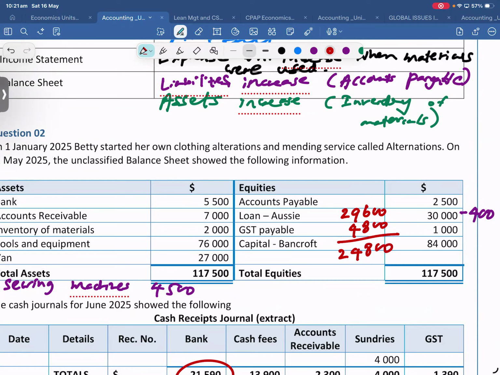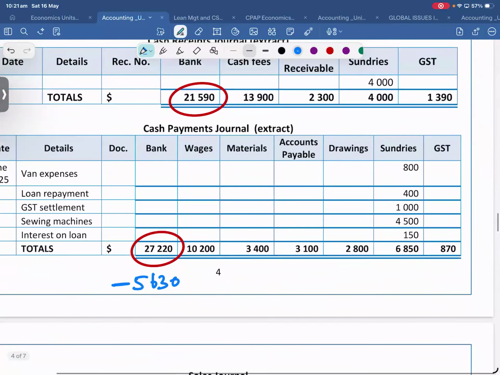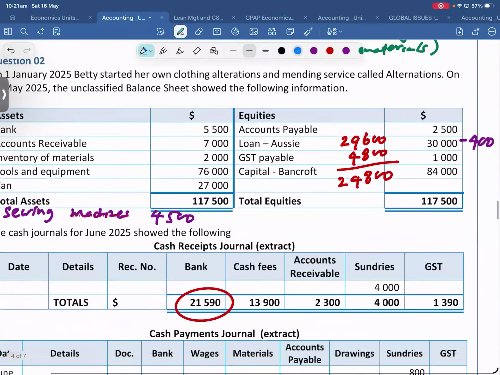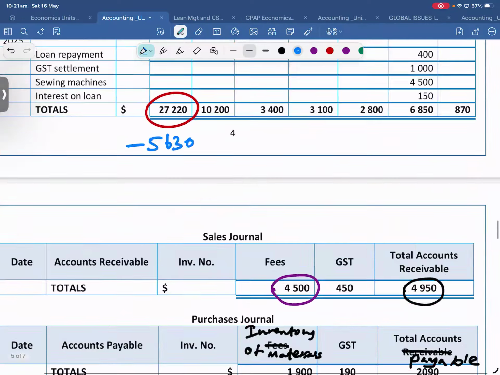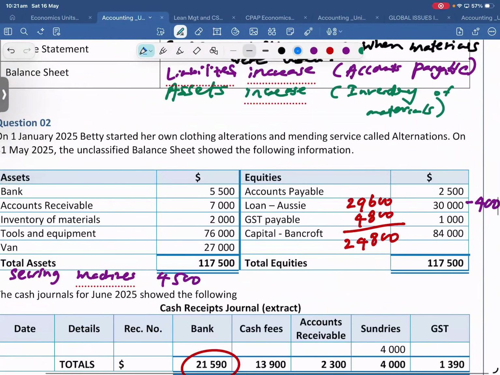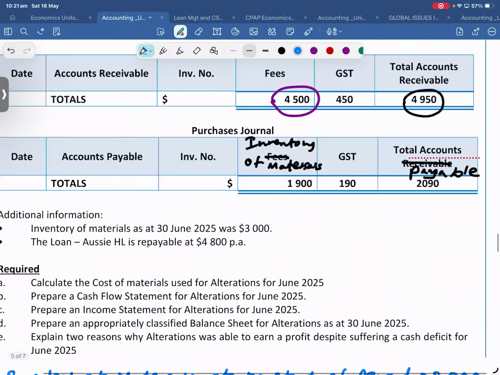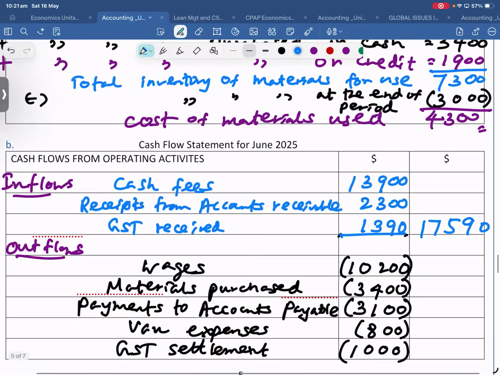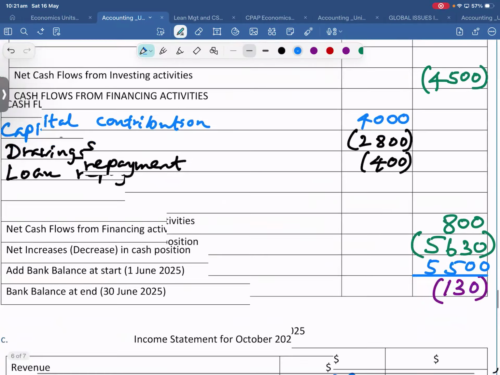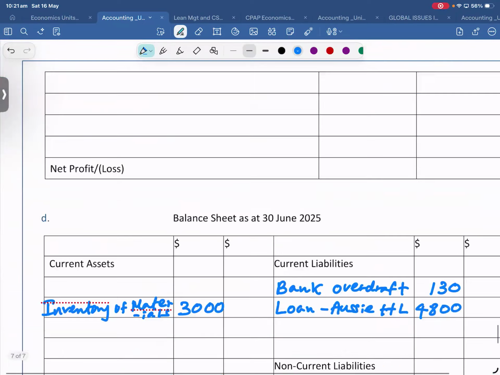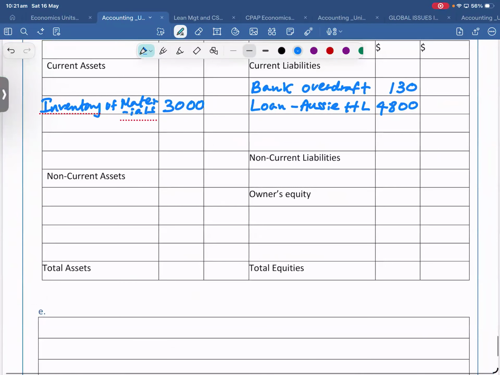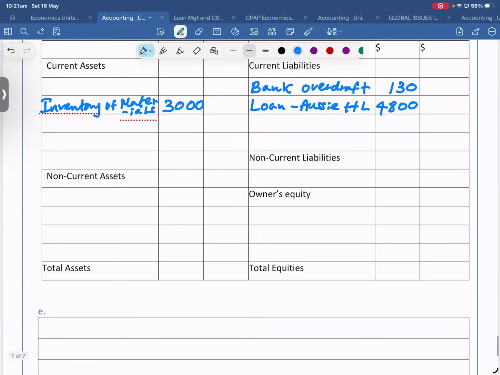So where do we report that? In the liabilities. Which liabilities? Current is already done. Okay, non-current.